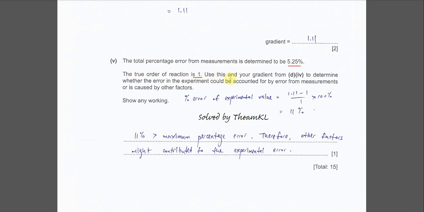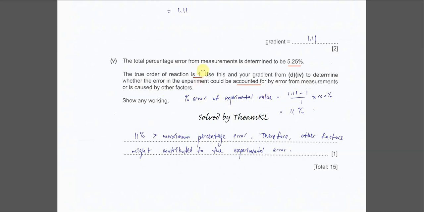Use this and your gradient from part D4, the previous one, to determine whether the error in the experiment could be accounted for by error from measurements or caused by other factors. So now we need to calculate the error first, right? The percentage error of the experiment value.